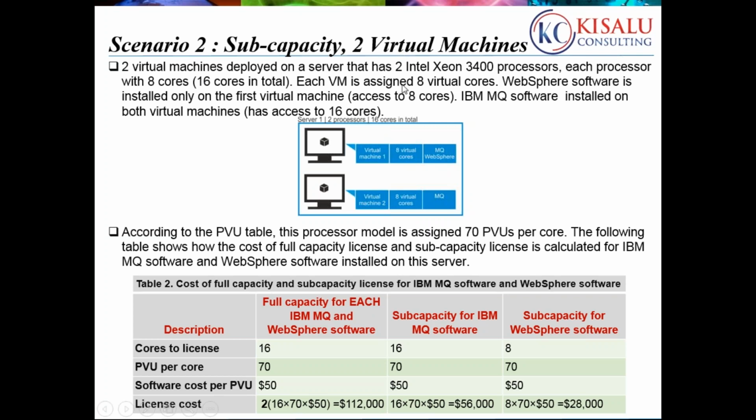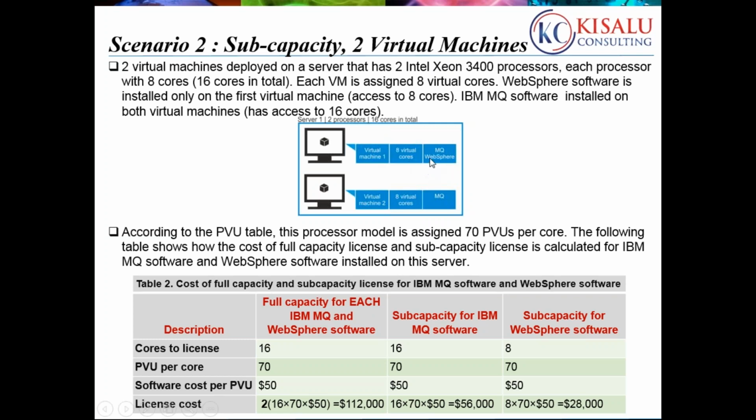As in the previous example, we have one big server with 16 cores, but we use virtualization technology to create two machines, and we give each machine 8 cores. So it's the same machine, but we create two virtualized machines with 8 cores each.